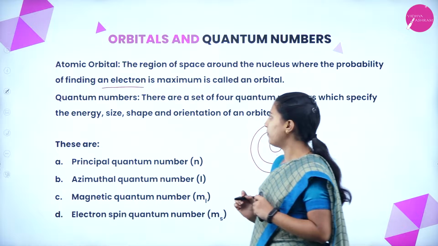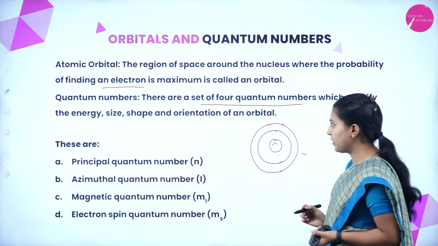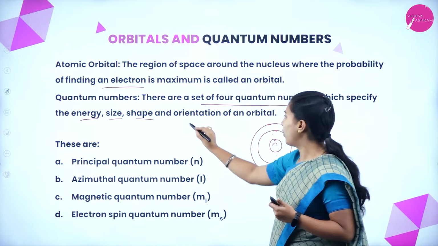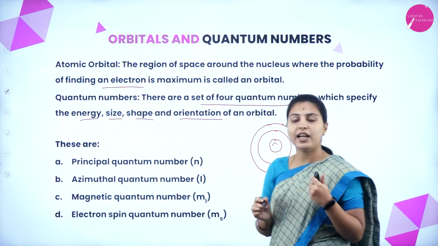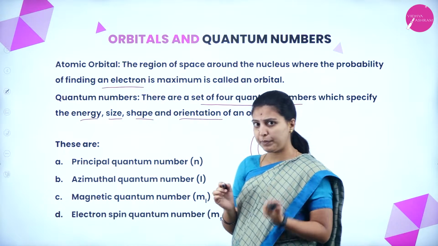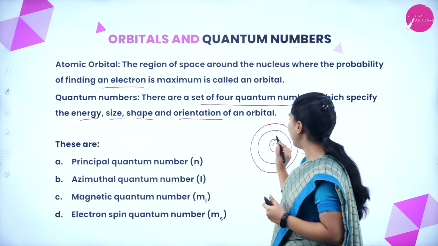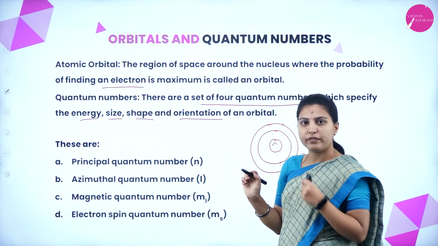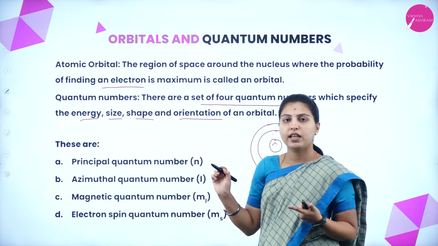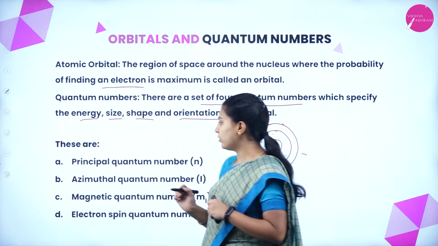Then what are quantum numbers? There is a set of 4 quantum numbers which specify the energy, size, shape and orientation of an orbital. What are those quantum numbers?